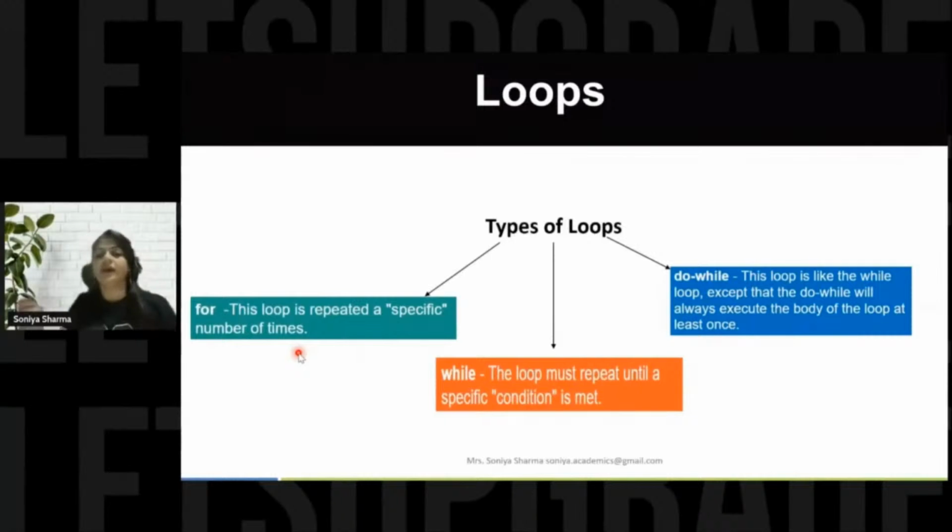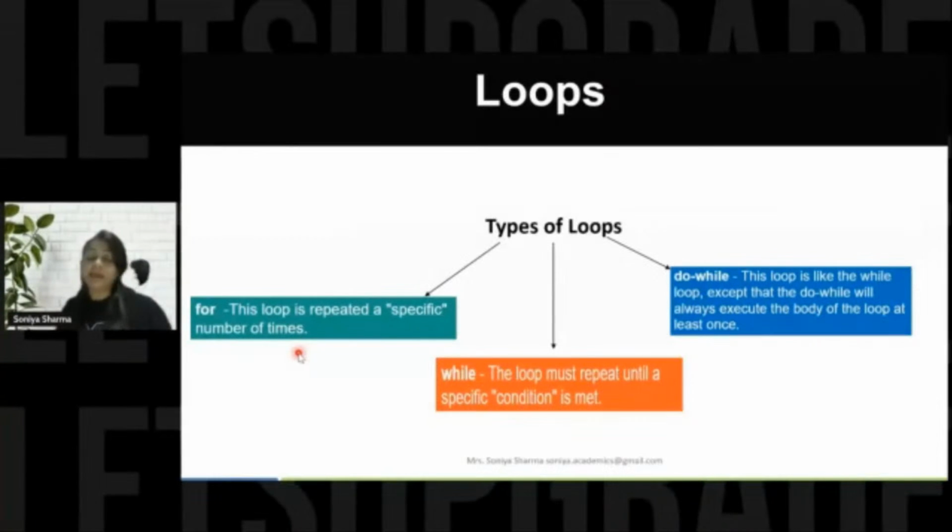Loops means continuous execution. When there is a specific number of executions, for example, you want to print 10 numbers, now you know the number of iterations is 10. It is clear to you that you have to do 10 iterations, so you will use for loop.